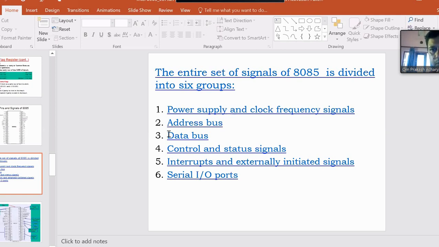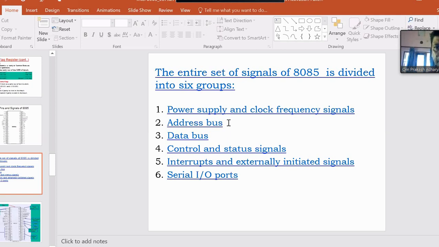So when you do a memory read, you have to identify the location from where you have to retrieve the data. To identify the location, the address bus is required. To enable that device, you go for the control signal. What is the meaning of enable?